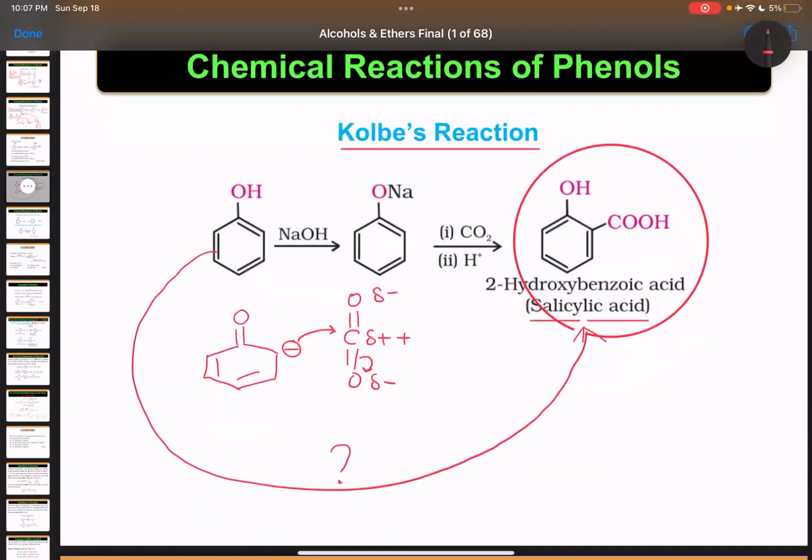Another set of reagents which converts, and it's there in your CBSE book also.